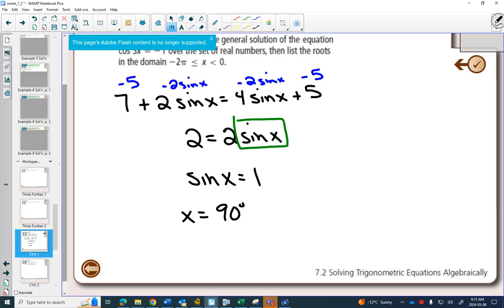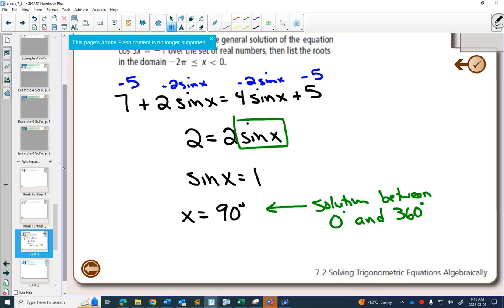But despite remembering that I was in degrees, we get into a habit of always, and this is not a bad habit, we get into a habit of always solving our first positive time around the circle. So in degrees, we get into a habit of solving between 0 and 360 degrees. In radians, we get into a habit of solving between 0 and 2 pi. And that is not a bad habit as long as you check what they want you to solve.